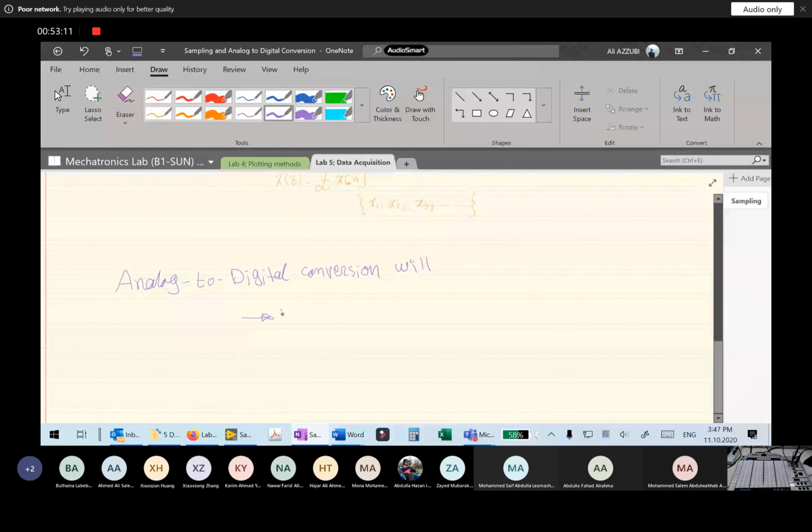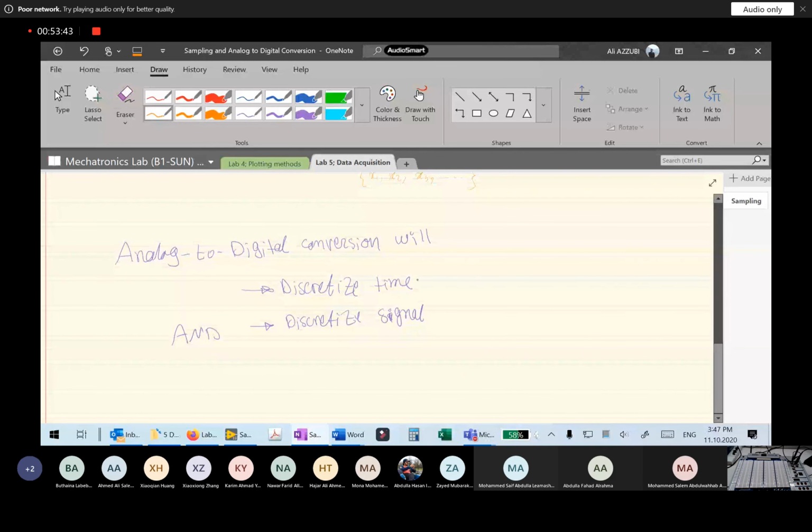It will discretize time. And it will discretize the signal itself, both of them at the same time. Now we know when it discretizes the signal, it becomes digital signal, and when it discretizes time, it becomes discrete time signal.